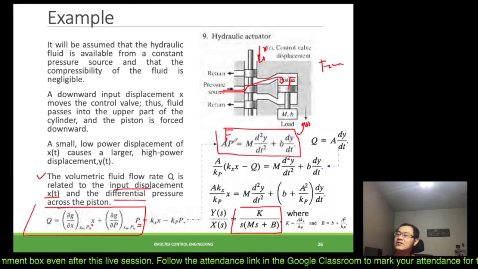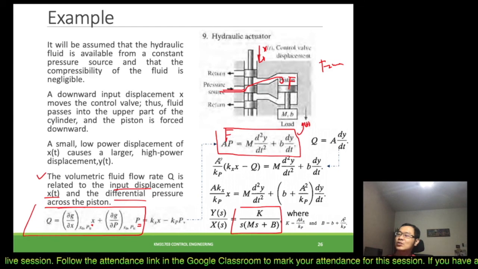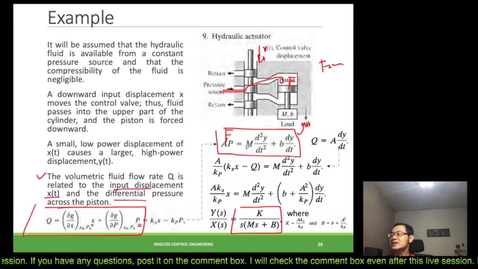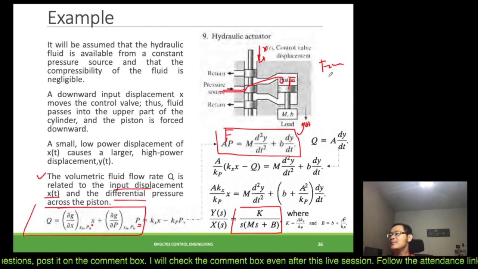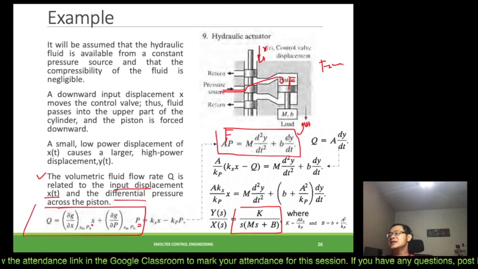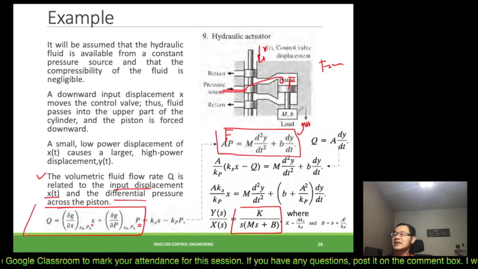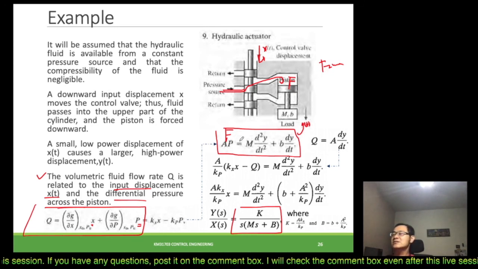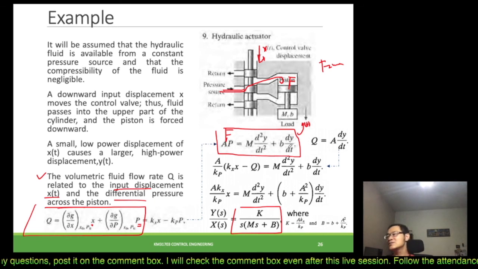Therefore this force can be written as A P, pressure multiplied by the cross-sectional area, and it should equal ma, where a is the acceleration of the piston going down, plus the damping part, B dy over dt. There may be damping. So this is a basic relationship, or the dynamic response.